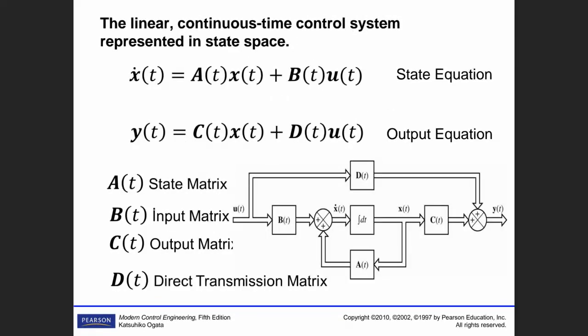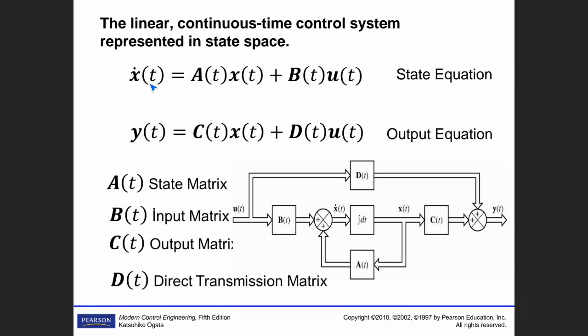The system is something like this. X here is a state variable, for a linear continuous time control system, time domain. In state space, the equations are represented like this. X dot, you can see that only the first derivative is involved, and it's a time function.